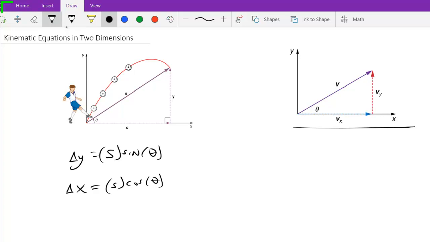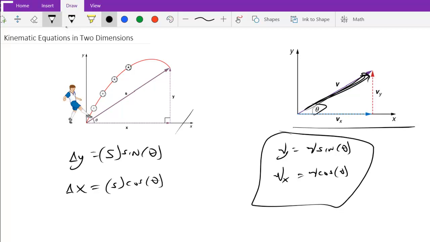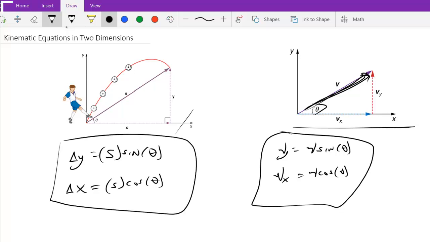So we could be given here a velocity prescribed with some magnitude at some angle theta, and very similar to how we solved the triangle for the displacement over here, we can say that the velocity in the y direction is equal to the magnitude of the velocity times the sine of the angle theta, and the x component of the velocity would have been the magnitude of velocity times the cosine of the angle theta. And so velocity can be broken into x and y components, displacement broken into x and y components.